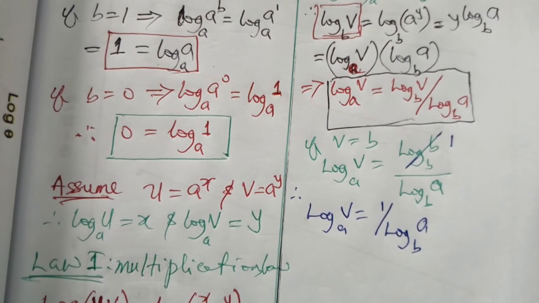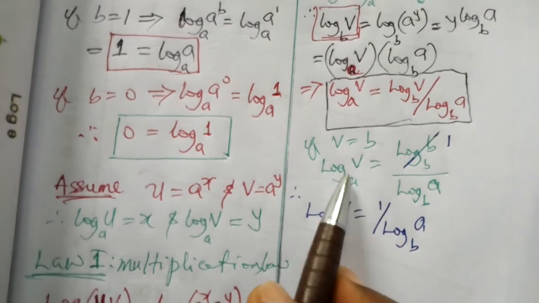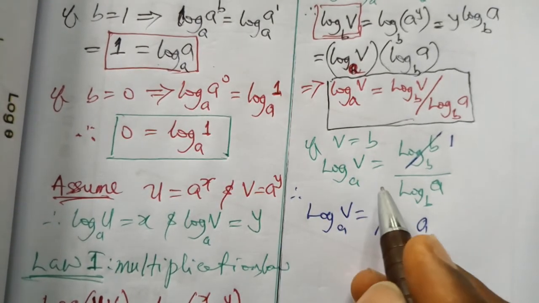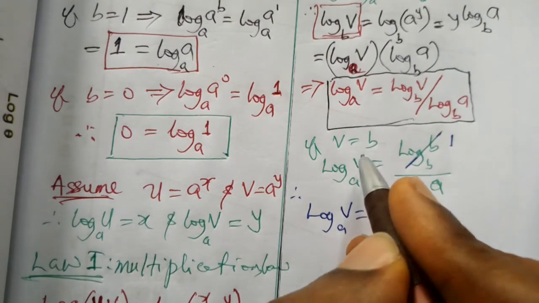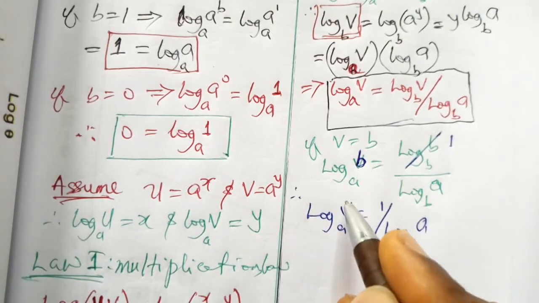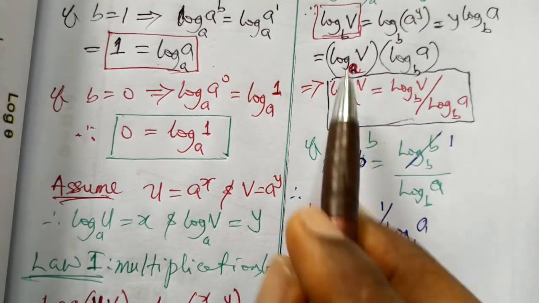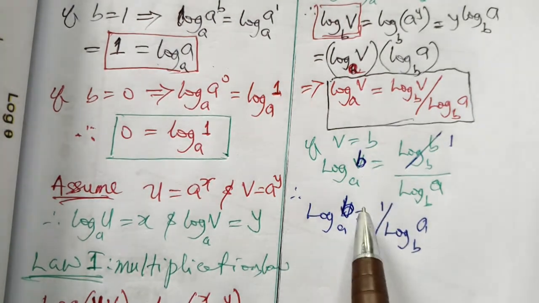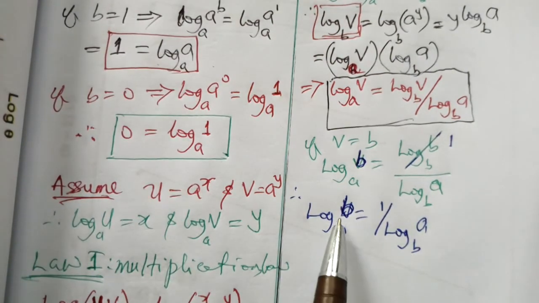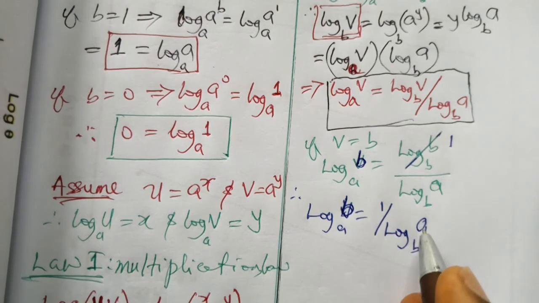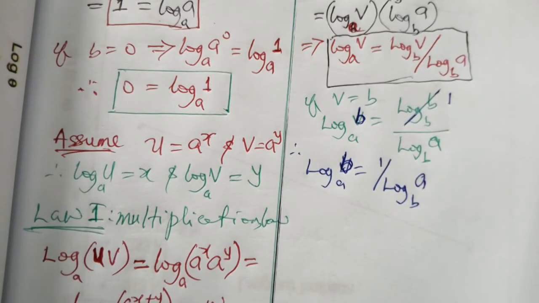That is a very important property. If we say that v is equal to b, here is b, here is b, so log b base a is equal to that, and vice versa. It's just to interchange the one up and down, and you get the correct result.